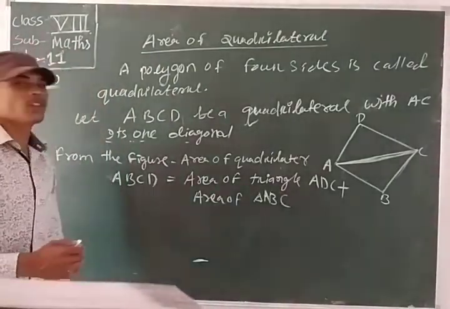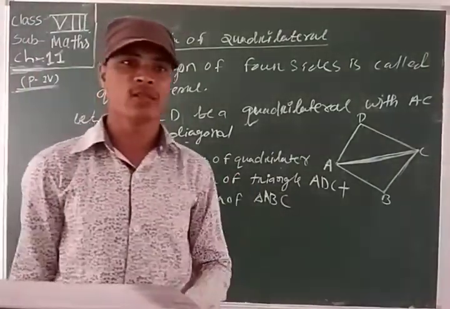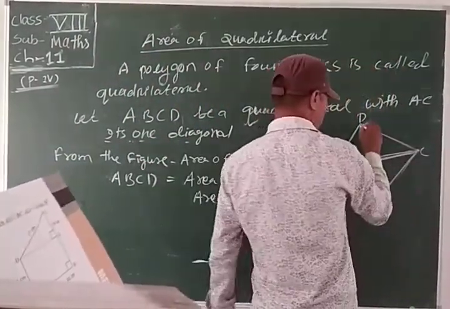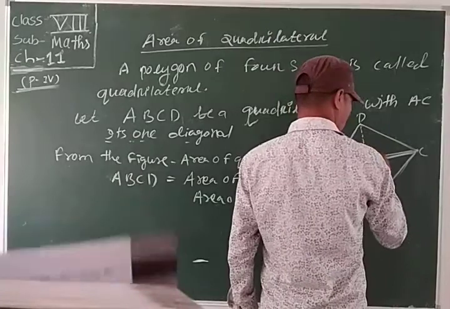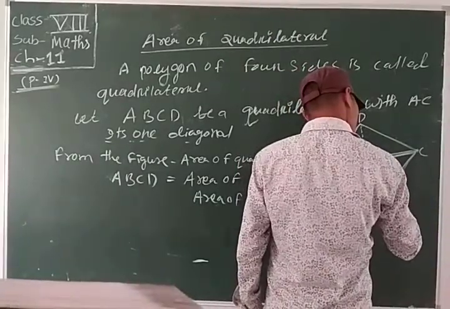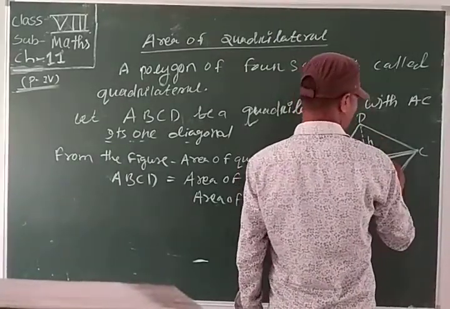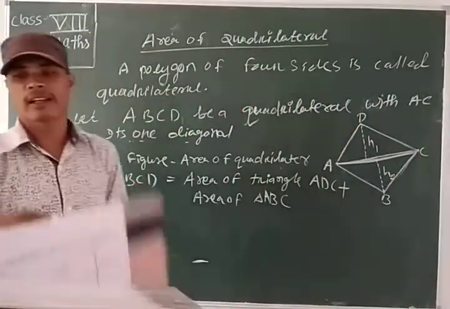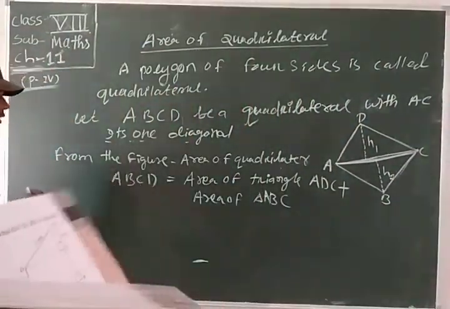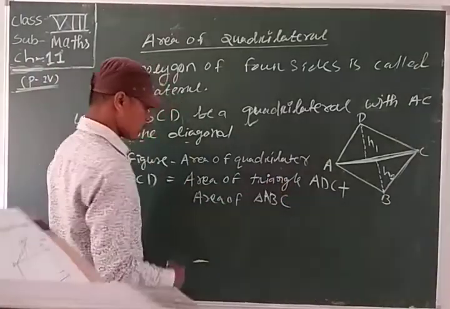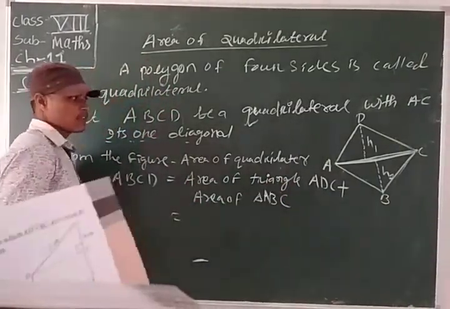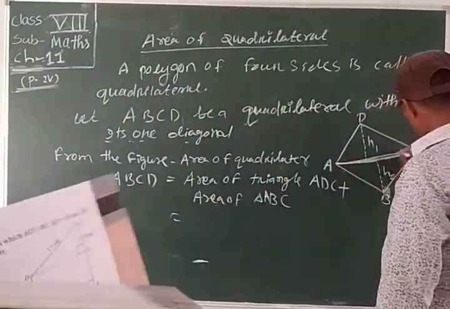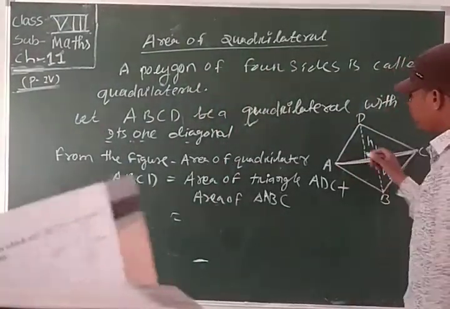Now we know the formula for the area of a triangle. Here AC is the common side. We construct the heights here, H1 and H2, that means height 1 and height 2. The area of a triangle is 1 by 2 into base into height.